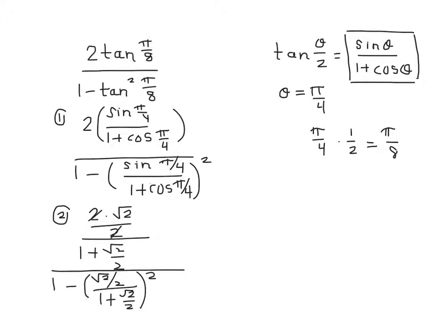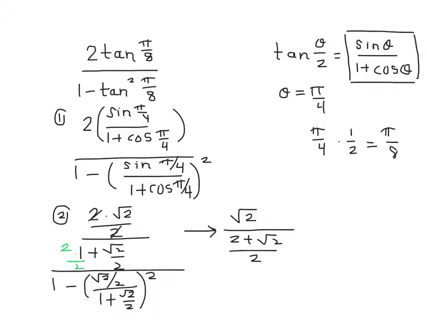Okay? So then what I continued to do was to simplify my numerator. So 2 square root 2 over 2 is just square root 2. And then if I get a common denominator on the bottom of my numerator, that common denominator will be 2. So I multiply the top and bottom here by 2. And I'll get 2 plus root 2 all over 2.